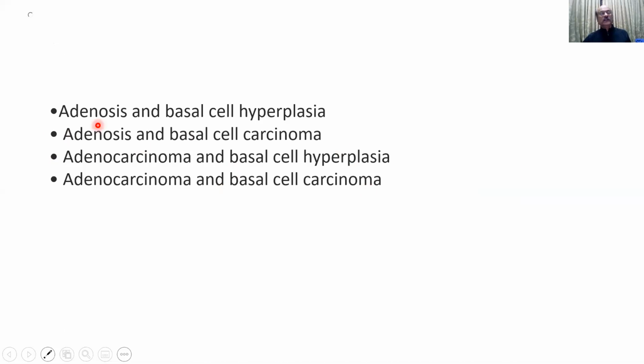So here it is not malignant, it is actually adenosis and basal cell hyperplasia. The correct answer is the first one.